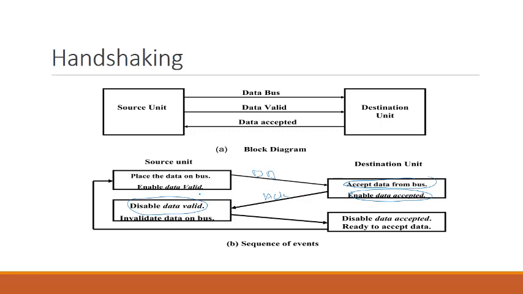That means currently it is not sending any data. After receiving this message, the destination disables the data accepted signal, and it is ready for the next data, and this is sent to the source.